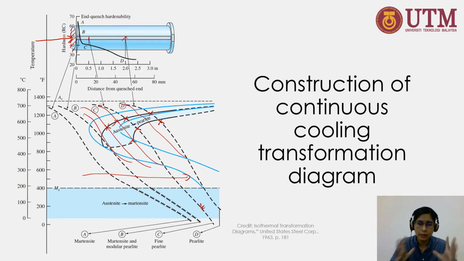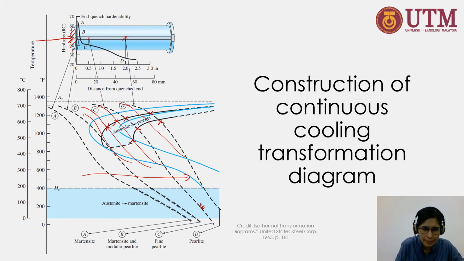If you are doing heat treatment using this method, you need to refer to this diagram instead. You might ask me, Madam, they look similar to the isothermal transformation diagram. Yes, I agree with you, they look similar. For eutectoid steel, this is the superimposed isothermal transformation diagram, the blue color here, which is what we learned in the previous lesson.